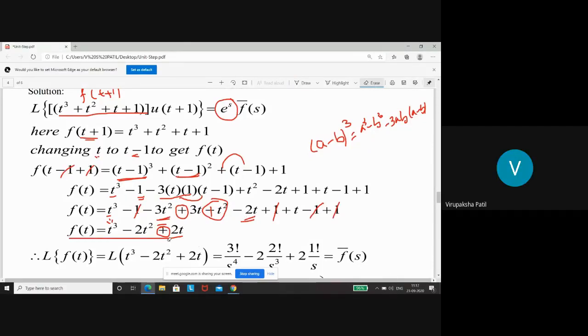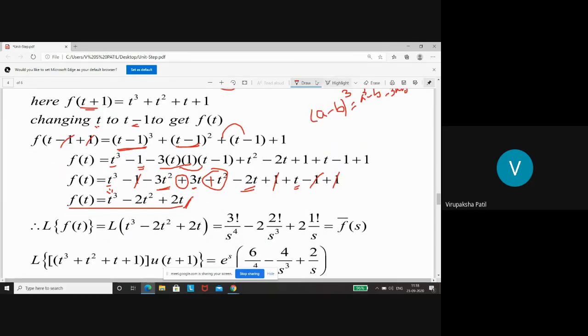Definitely, one minute. We have missed a 2t there. I have not considered it. All are alert, no? So this 3t plus this t, that becomes plus 4t, minus 2t, that is plus 2t. This is right. Clear now? Yes, sir. Okay.